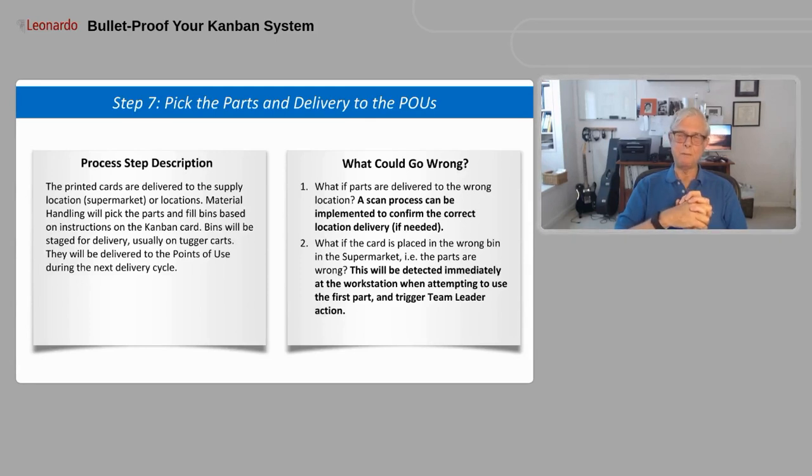And so, again, that would be an opportunity to pull the andon cord and have the team leader come and fix it, basically. Work with production control. Again, this is not something we'd anticipate happening very often, but if it does, you're going to know right away, so you don't have to worry too much about that.